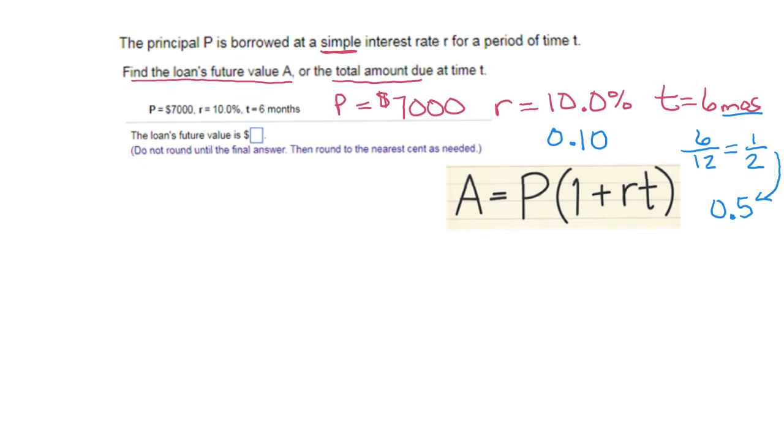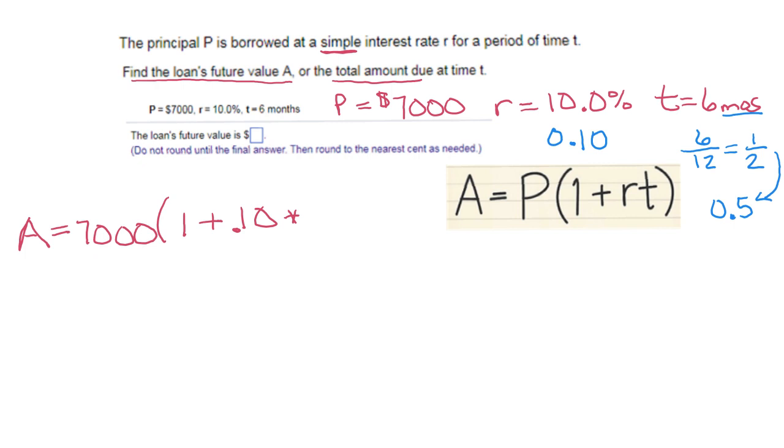So it really is up to you. Normally, when I use this formula, I just insert everything in exactly the way it's given in the original equation. So I would say that my future value is equal to my principal, $7,000, times 1 plus R, which is the 10%, times time.